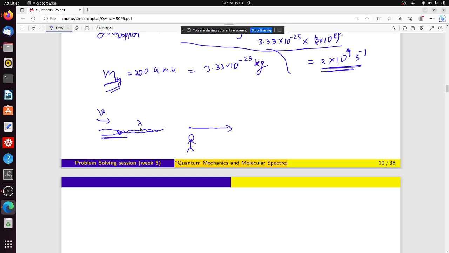Similarly, when light moves towards you, there is something called special relativity, due to which when an object is moving near the speed of light or at the speed of light, there will be something called length contraction.